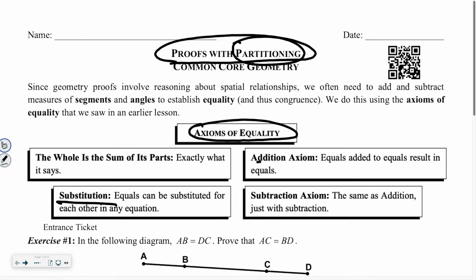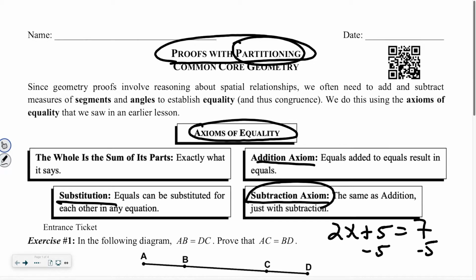And then we have the addition axiom and subtraction axiom. Well, if I have 2x plus 5 equals 7, then I can use the subtraction axiom to do minus 5, minus 5. And again, these are still going to be equal, the same as addition, because equals added to equals results in equals.